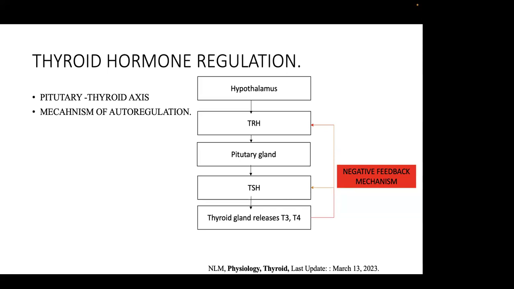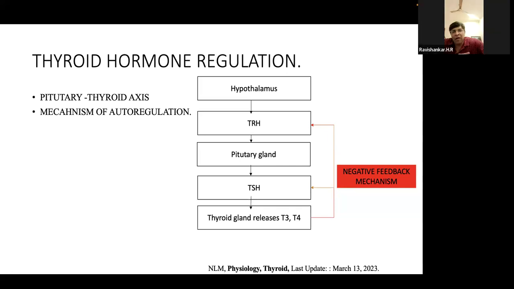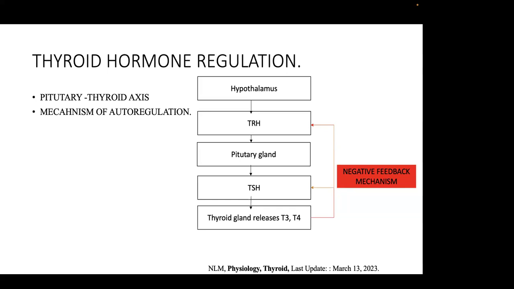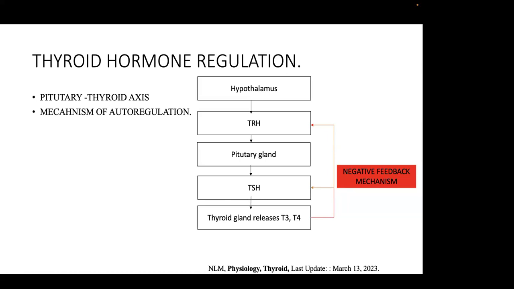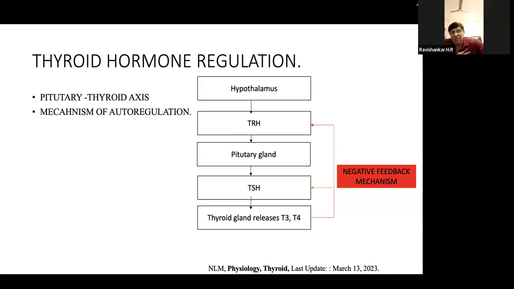Sir, almost most of the circulating hormones are inactive, only a small fraction is unbound and biologically active, sir. What proportion? Sir, around 0.5% is available. It is too less.